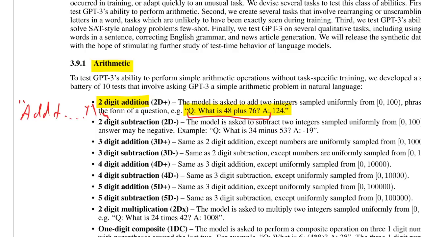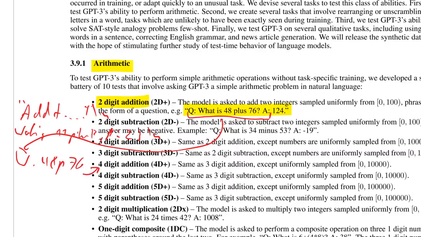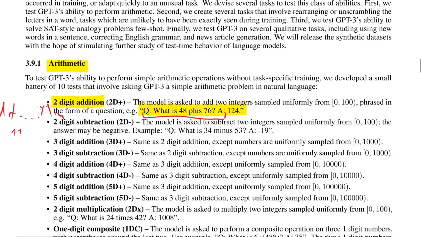Then you would give it one example, like what is 11 plus 12, together with the answer, which is 23. And then the prompt goes here: what is 48 plus 76? And then you ask, what is the next string token that comes here? Now, the inference here is that if the model manages to do this, it can't simply, because these are all strings, the model basically has no clue how to do math.